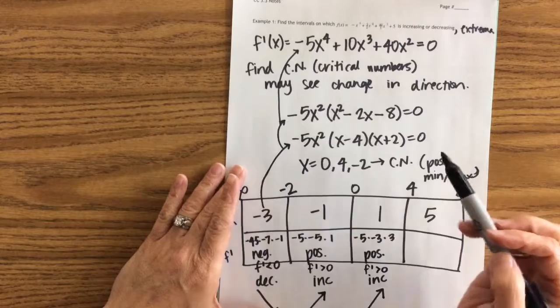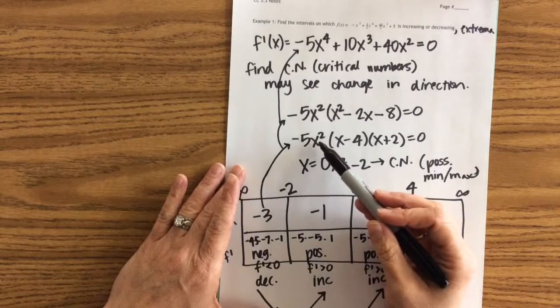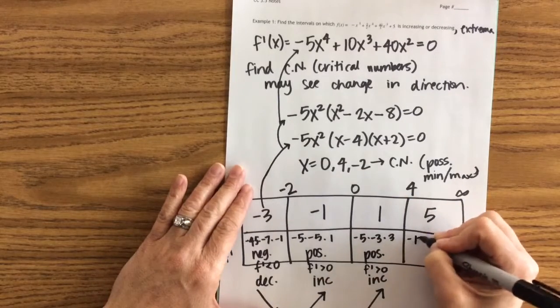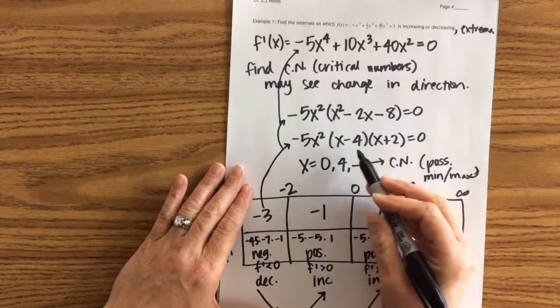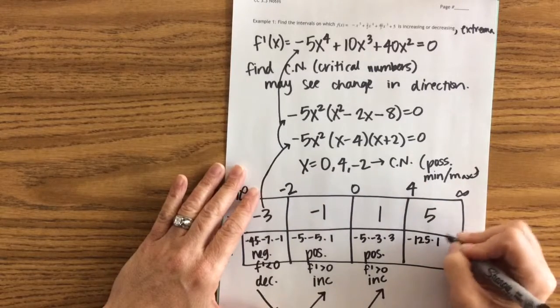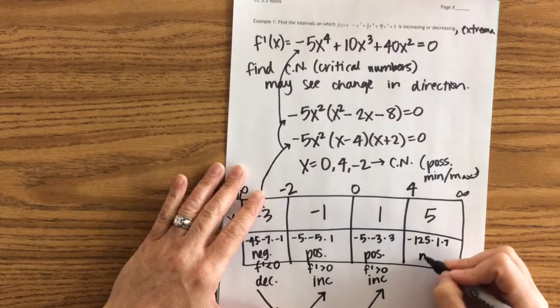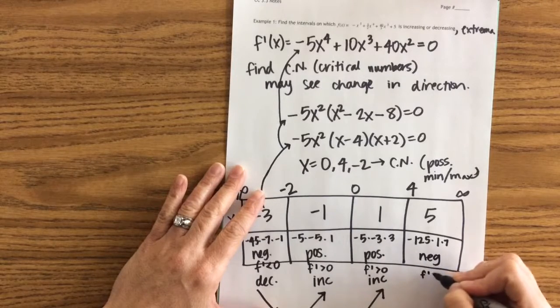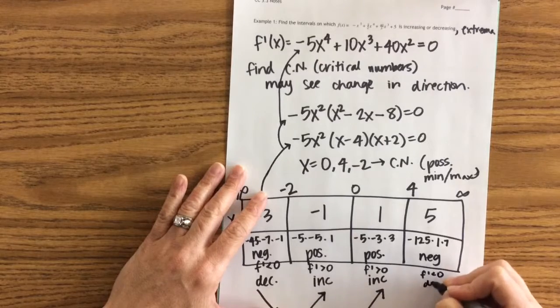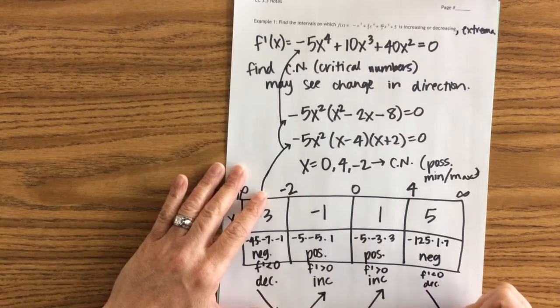And we'll plug in a 5. 5 squared is 25 times negative 5 is negative 125. 5 minus 4 is 1, and 7. So negative times positive would be negative. That means the derivative is less than 0. That means it's decreasing. It's going down.